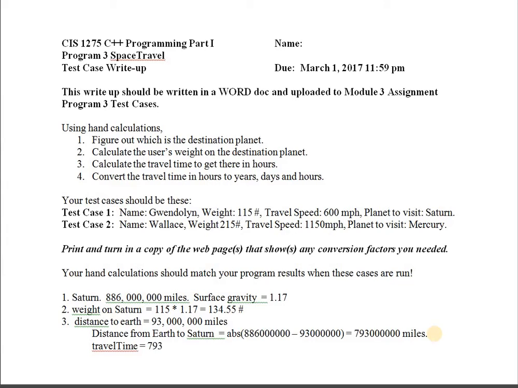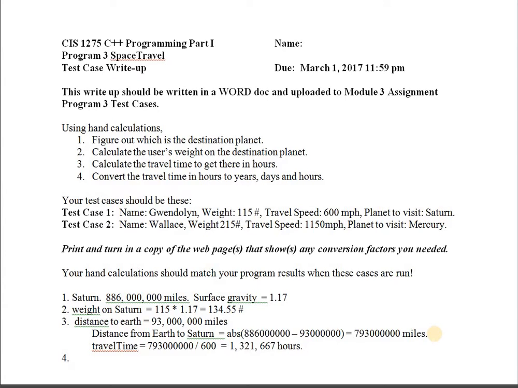So that's going to be 793 million, hope I got all the zeros in there, miles divided by 600 miles per hour, which will give us 1,321,667 hours. Well, it's a long way to go if you're only going 600 miles per hour.